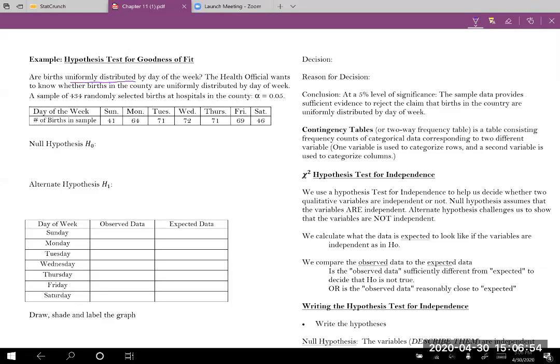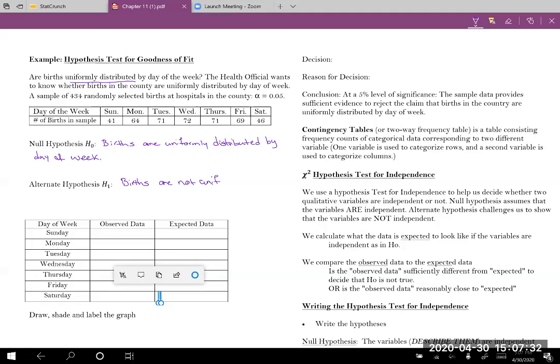So again, births fit the uniform distribution, or we can say births are uniformly distributed by day of week, or as the alternative, we say that births are not uniformly distributed by day of week.